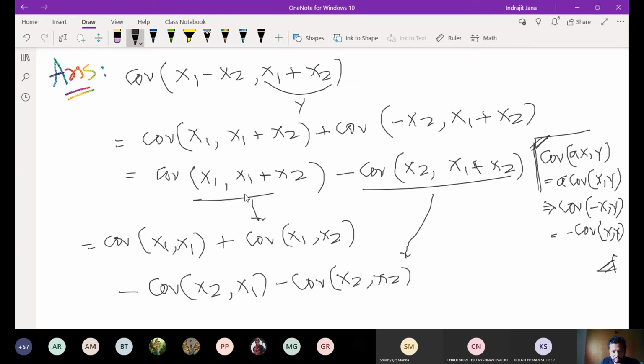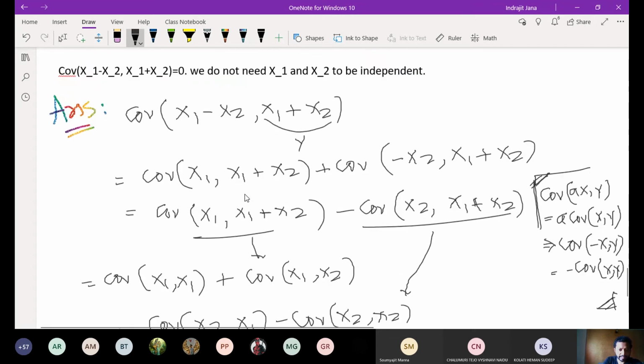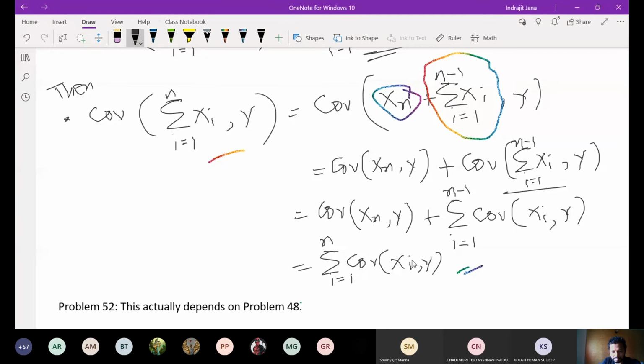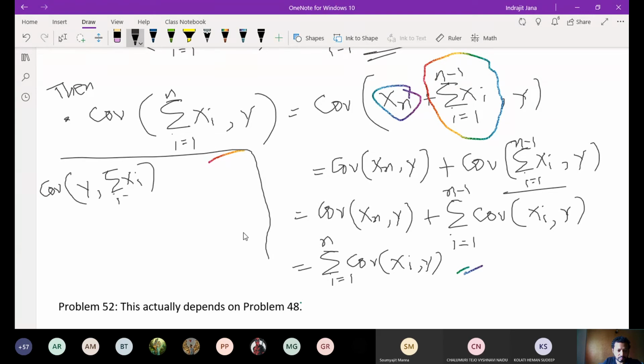Now if you're wondering how am I doing this, this is x1 comma x1 plus x2. You have a sum in the second part, but I'm also splitting out the second part. Problem 48 had the sum on the first part only: covariance of summation xi comma y is summation of covariance xi y. In fact, if you follow the same technique, you can prove that covariance of y comma summation xi, i equal to 1 to n.